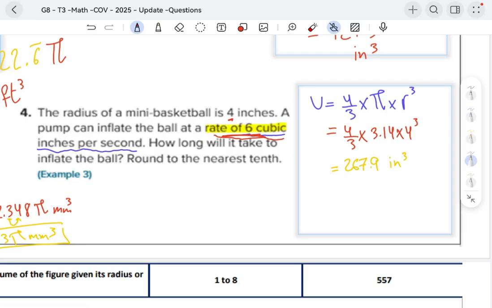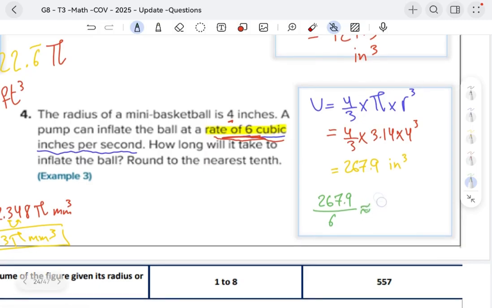So we have to divide the volume by 6 to get the time needed to inflate the ball. 267.9 divided by 6 is equal to, approximately, 44.7 seconds.